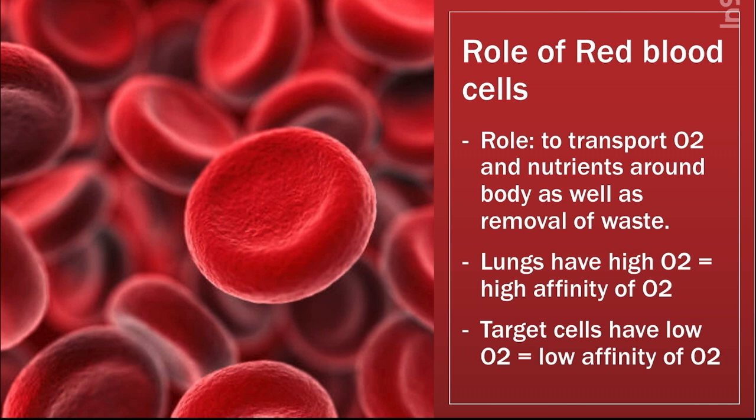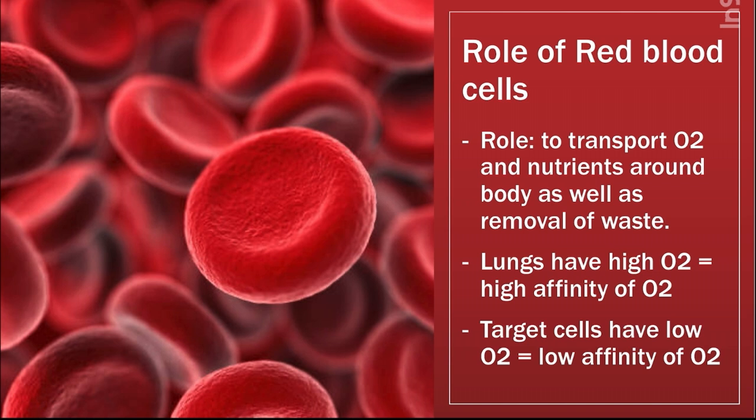This means that the hemoglobin will readily pick up oxygen from the lungs, and the oxygen picked up will bind to the hemoglobin and convert it to the oxyhemoglobin I mentioned before. Once loaded, the red blood cells travel through the bloodstream and deliver the oxygen to the target cells or organs.